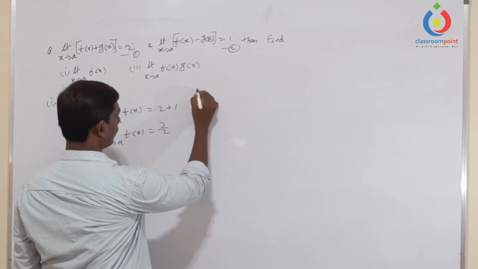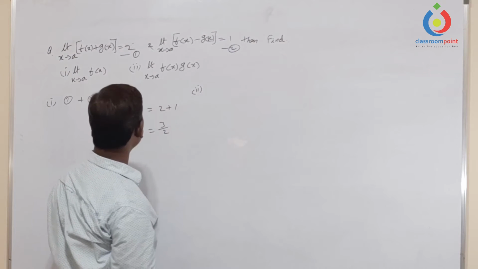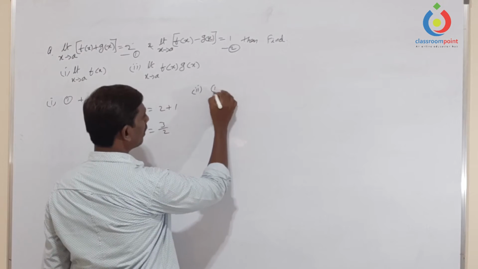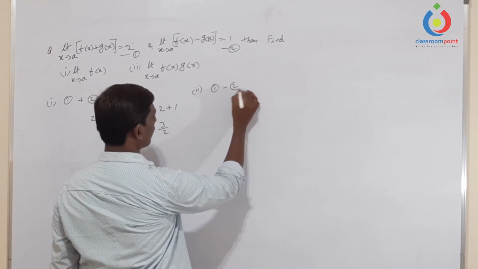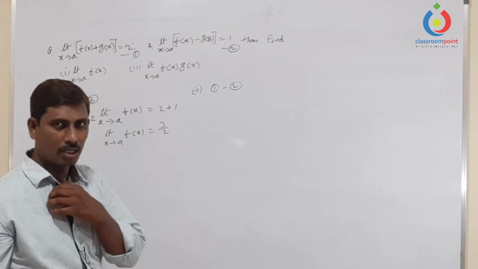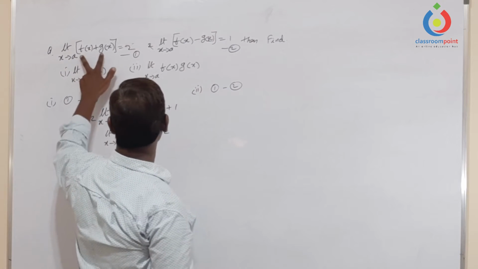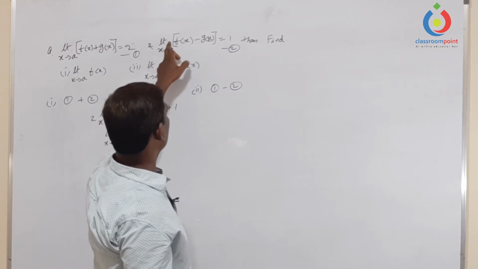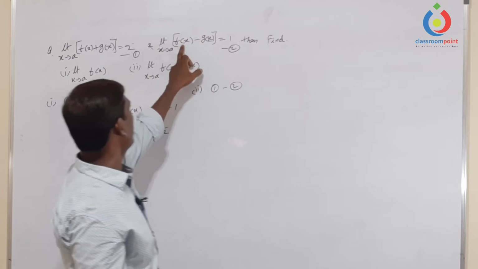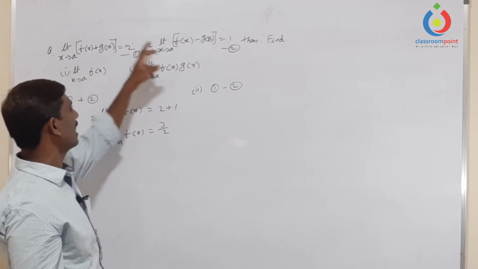Next, the second one. Before getting the second one, we'll do one thing. Taking 2 minus 2, it is 1 minus 2. Then what do we get here? 1 minus 2 means this one minus this one. Then it is minus, this is plus, so automatically f(x) minus f(x) cancels.